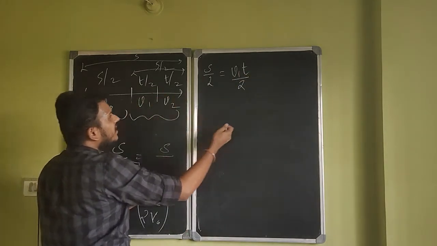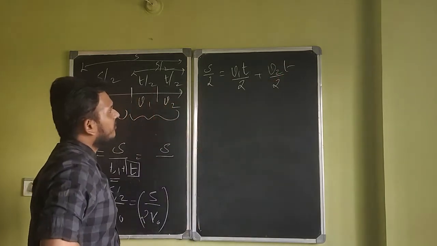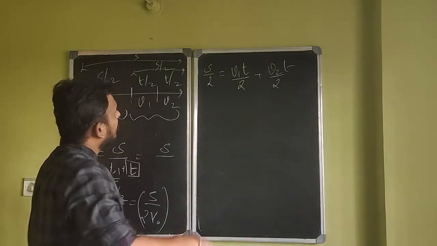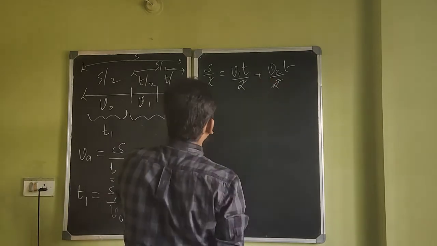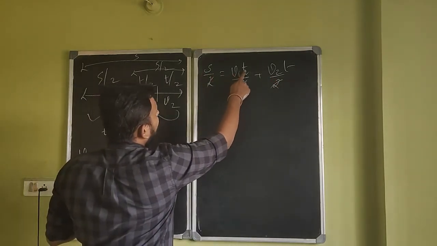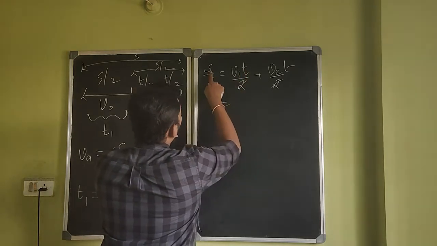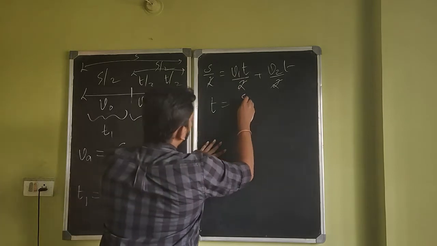Plus this displacement is simply v2 into t by 2. So what I can do is write this time t as equal to s by v1 plus v2.